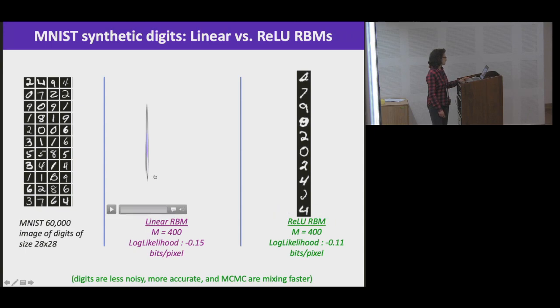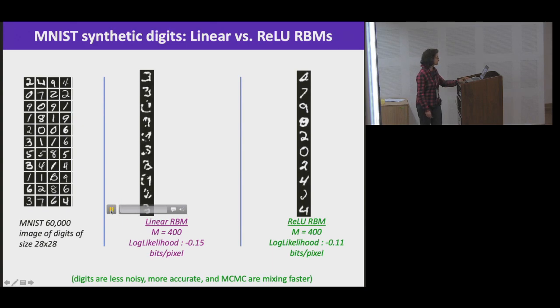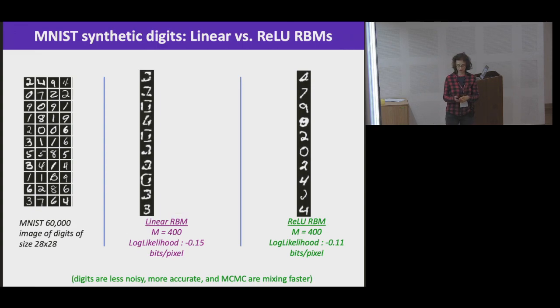And to give you an example of the fact that the linear RBM doesn't work as well as the ReLU RBM, in the case of MNIST, you see that what you generate after training a linear RBM or a Gaussian potential on this data are numbers like this, so they are not very nice. And you see that sometimes you get stuck in some configuration for a very long time.